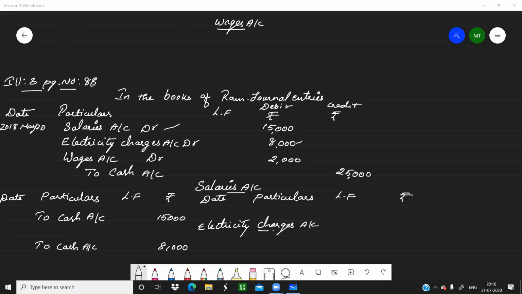So wages account to cash account. So date, particulars, then LF, then amount.